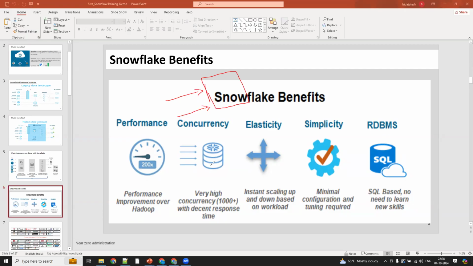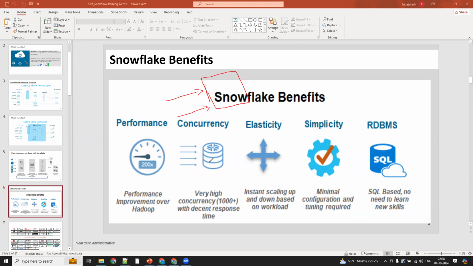But in Snowflake, you know what will happen? Even if 1,000 people are logging in and trying to query the data, you will not get even a small performance degradation. Even 1% degradation you will not find.